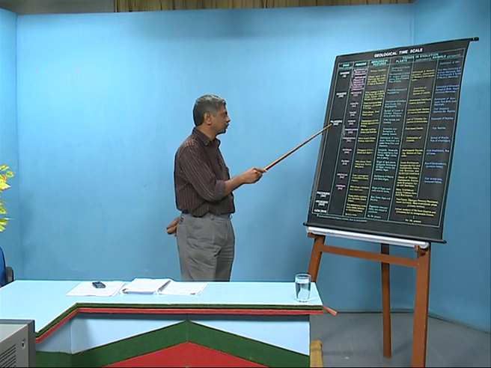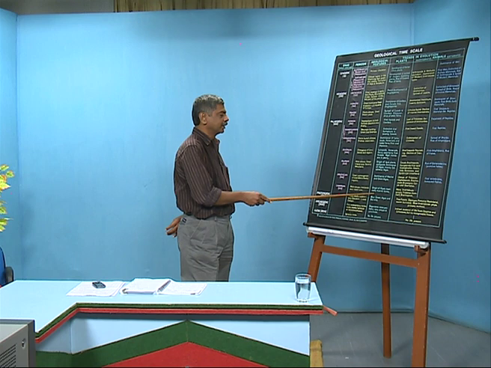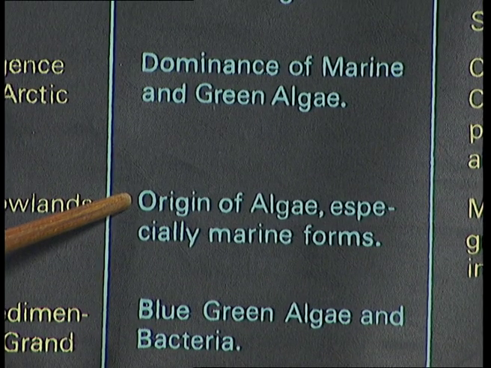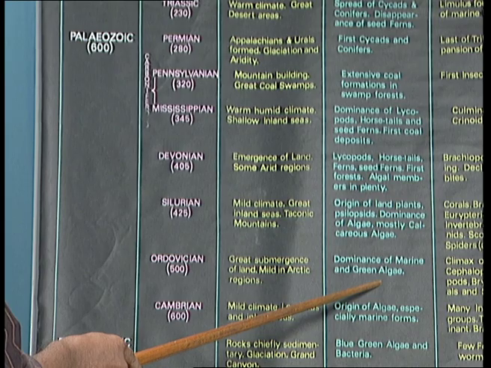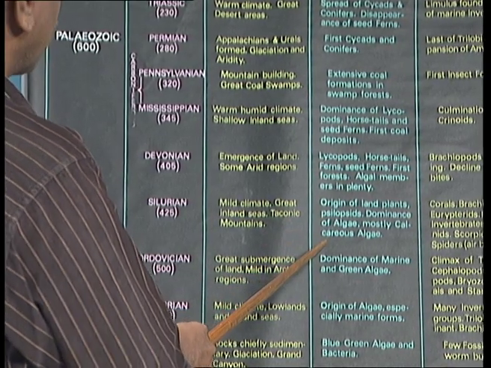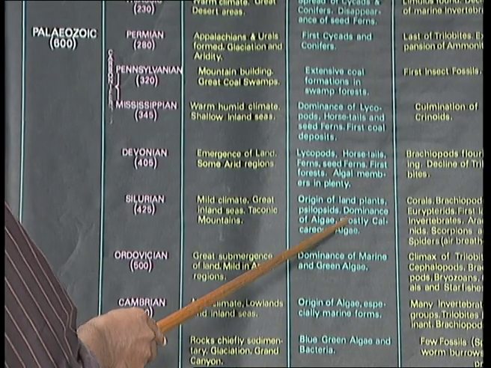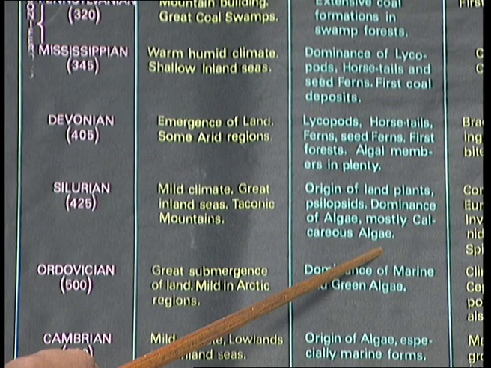Then in the Paleozoic era, during the Cambrian period, the origin of algae, especially marine forms, was recorded. During the Ordovician period, dominance of marine and green algae was recorded, and during the Silurian period, the origin of land plants, then dominance of algae, mostly calcareous algae, was recorded.